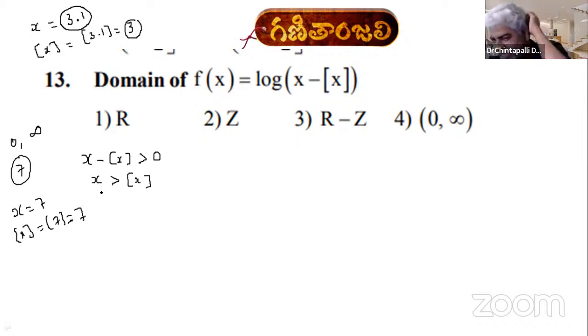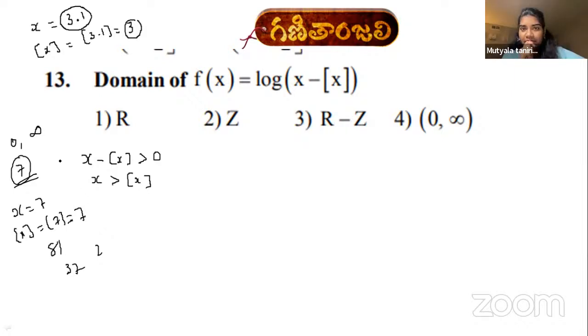Is it satisfying this inequation? No, sir. That means this inequation is wrong for all the integers, not only for 7, for 81 also, for 37 also, for 2 also, for 1 also. So this inequation fails for the values of integers.